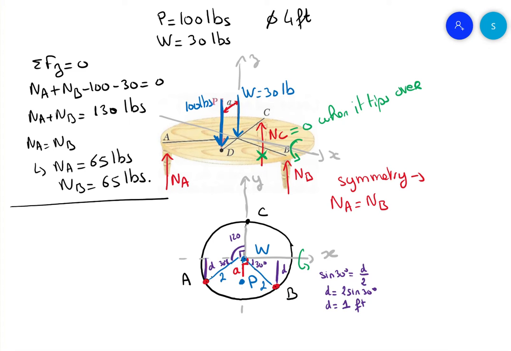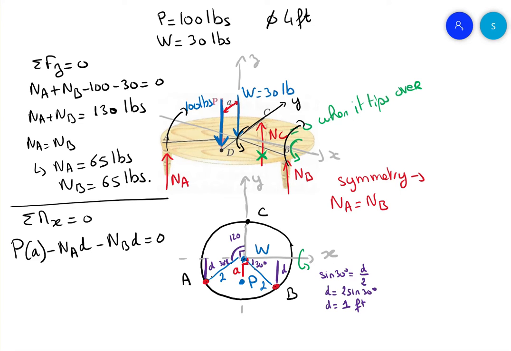We did the first equation, the sum on Z, and now I will do the sum of the moments about the axis x, equal to 0. W is on x, so it doesn't create any moment. Looking at x, y, and z, P tends to rotate in the positive direction, so we have P times the distance A. NA tends to rotate in the negative direction, so minus NA times the distance D, and B tends to rotate in the negative direction too, so minus NB times D, equal to 0.